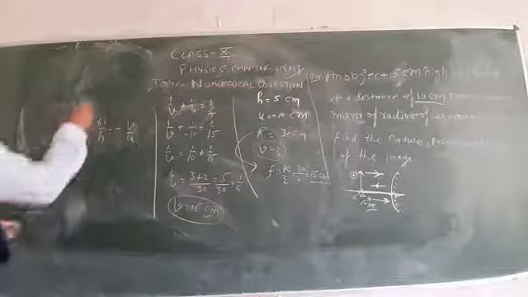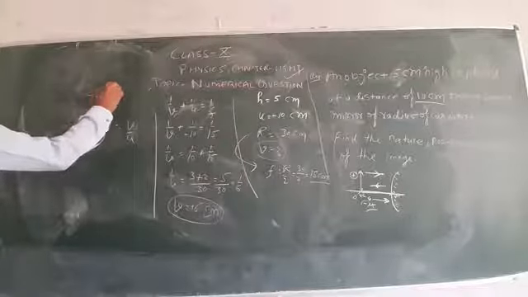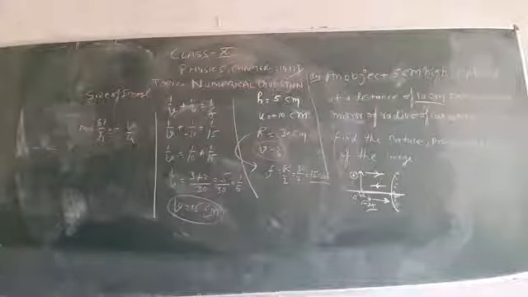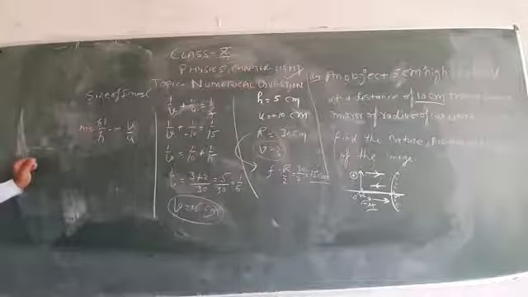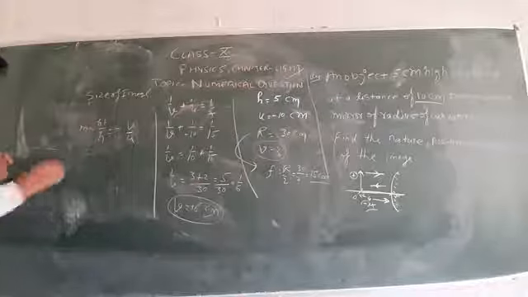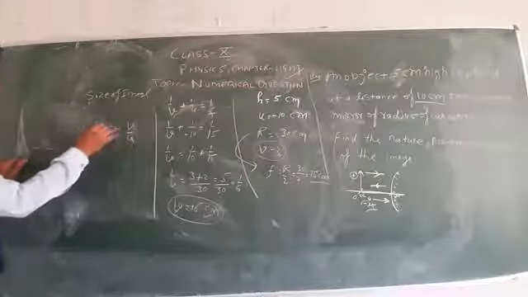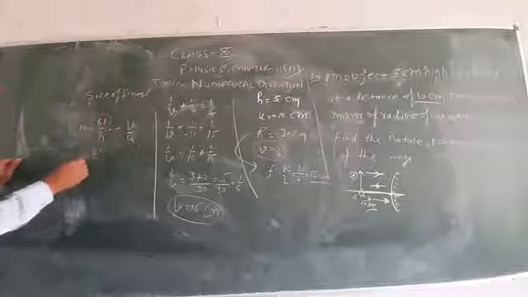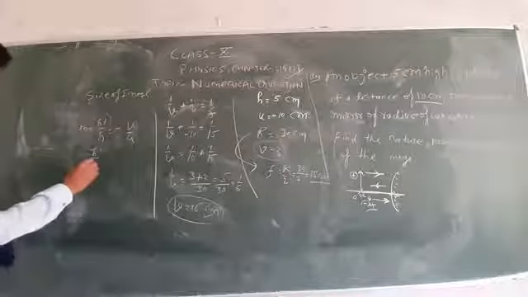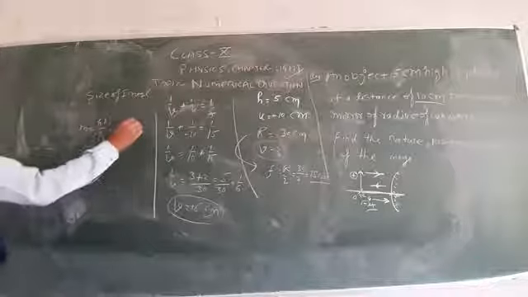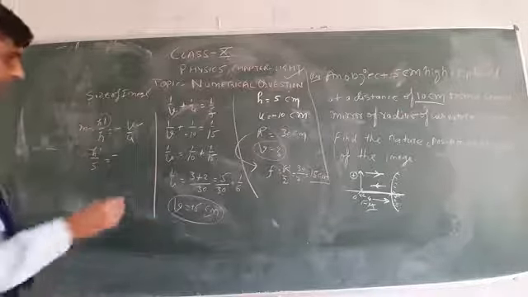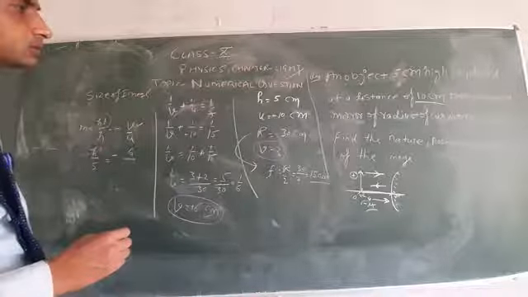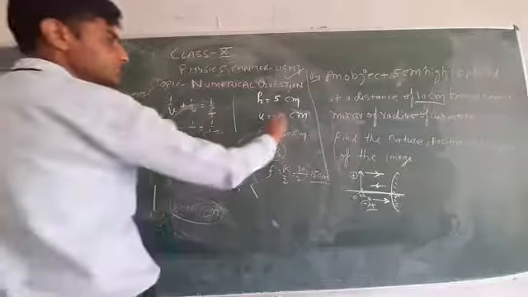Size of image is given as m equal to, this is h dash, size of image. h is given 5, v is 6 centimeter, and u is minus 10 centimeter.